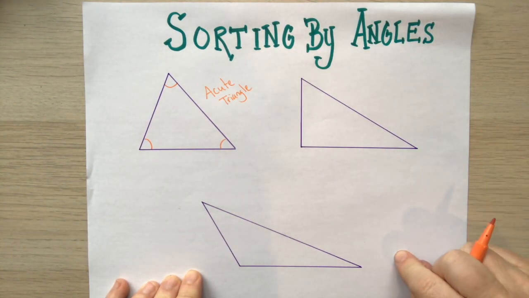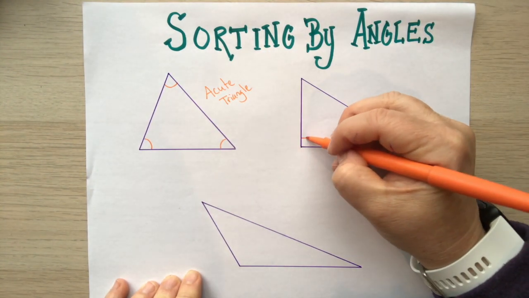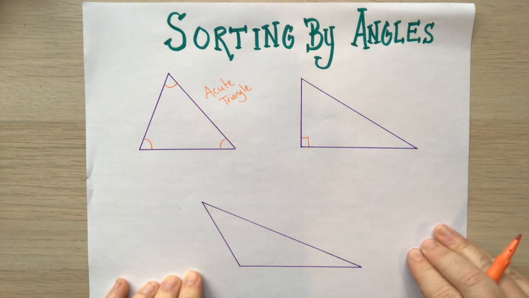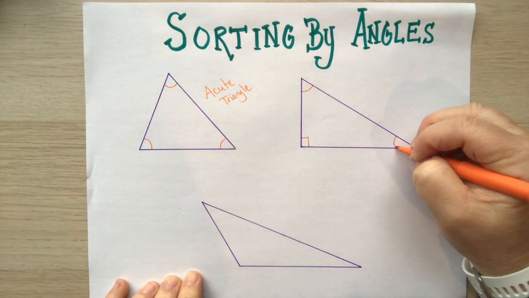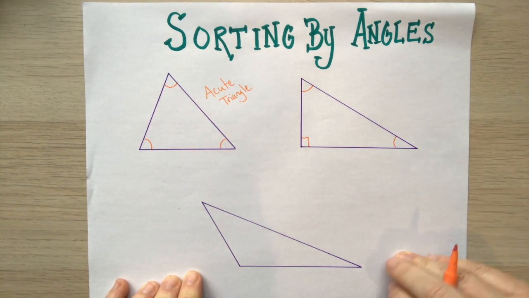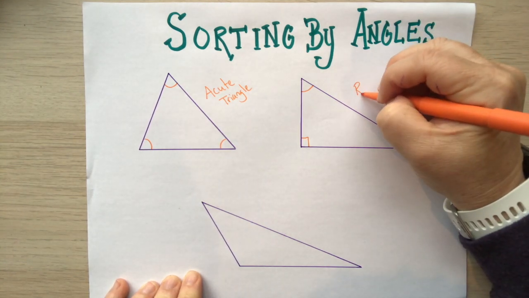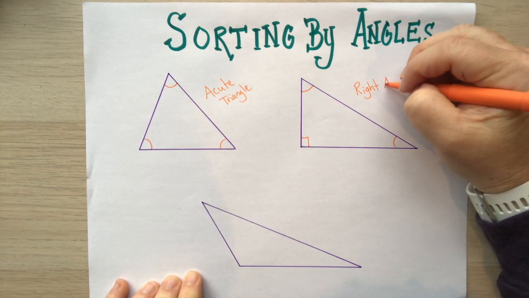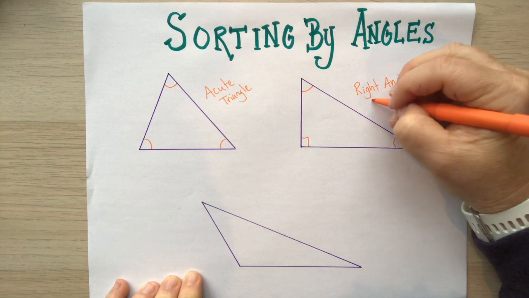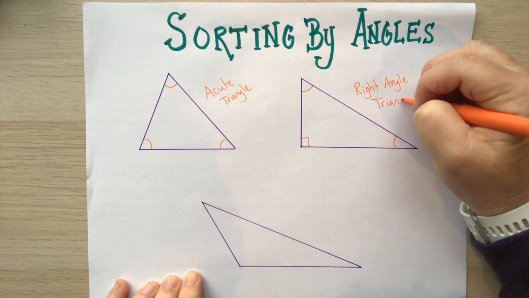For this one here, we have one of the angles is a right angle. The other two are acute angles. This one is called a right angle triangle.